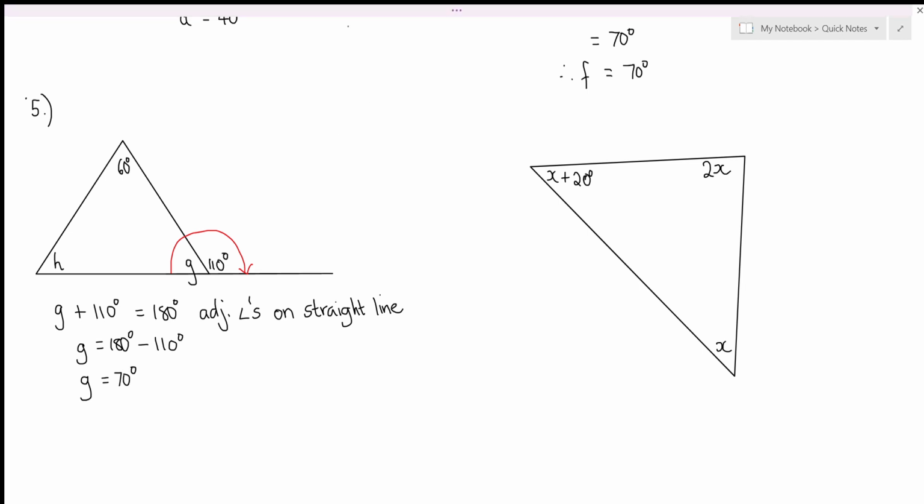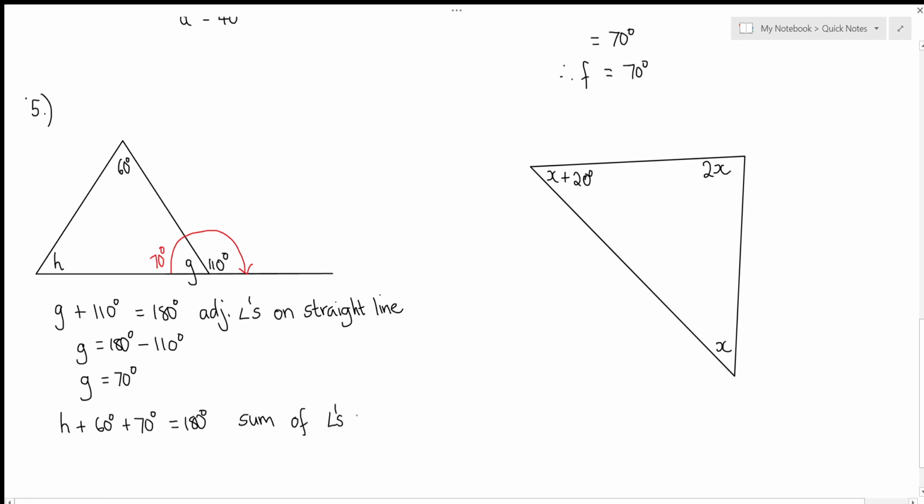So here I'm going to fill this in. This is now 70 degrees. If I'm looking for H, I'm going to work out angles in a triangle. So here we're going to have H plus 60 degrees plus 70 degrees is equal to 180 degrees. Sum of angles of triangle.